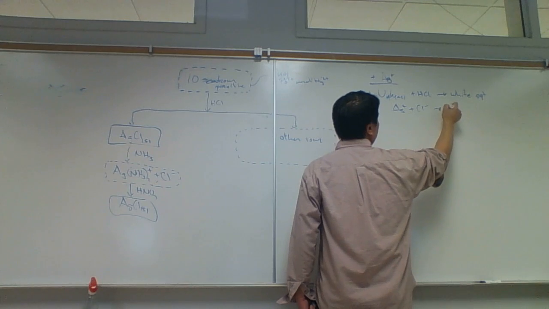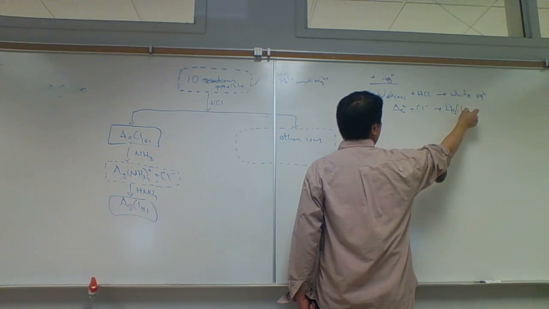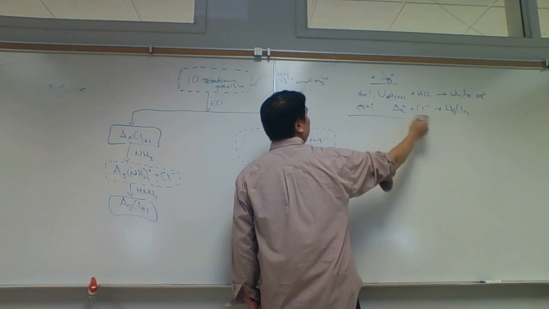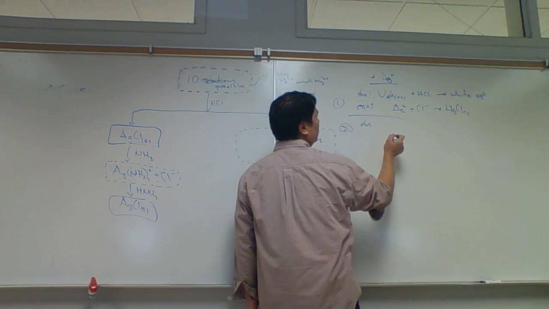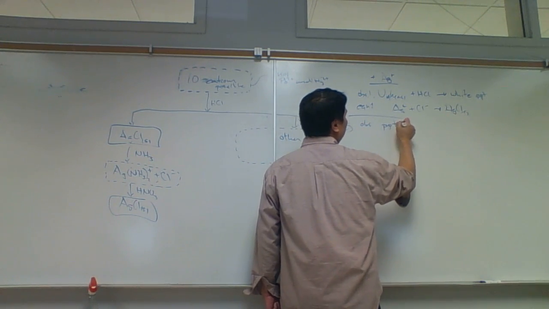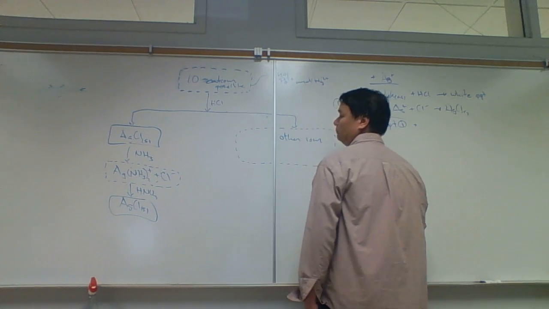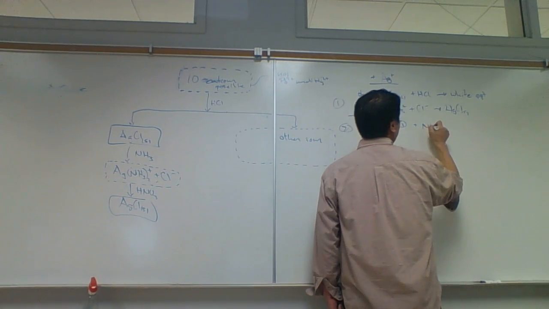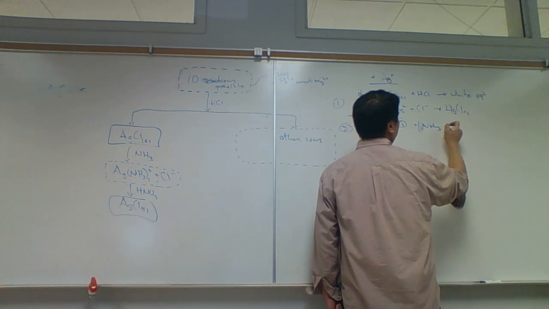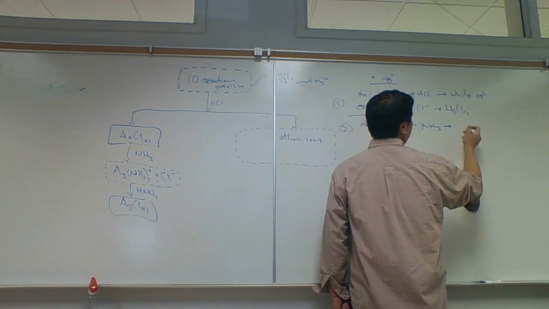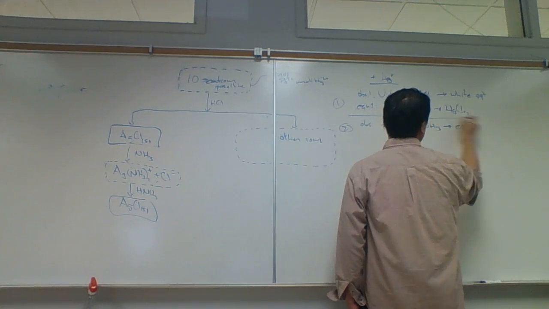This is just a metathesis reaction, where silver chloride's solid. All right, 2. So look at the observation here. We're going to take the PPT from 1 and then add ammonia to that. Add ammonia, and the PPT should dissolve into a colorless solution.